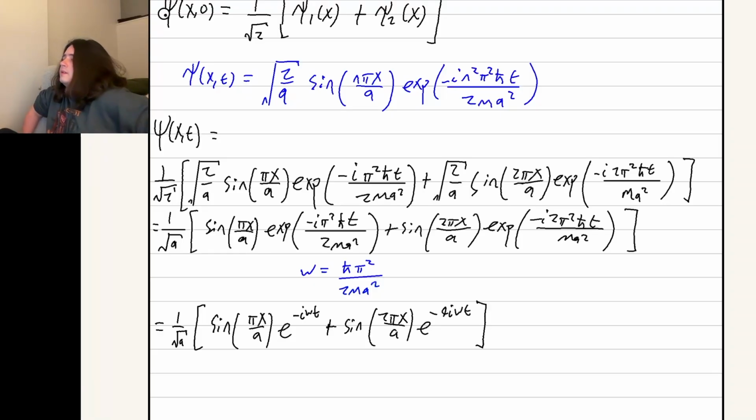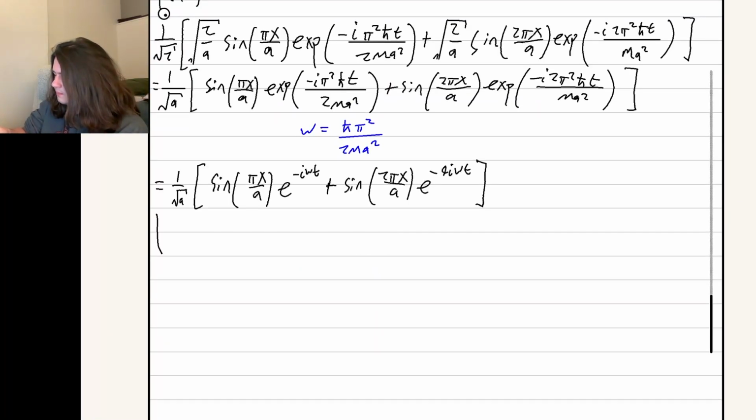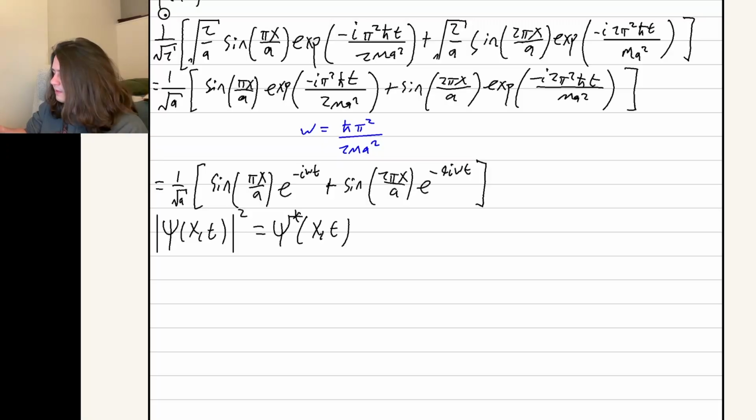And so the next part of the problem is to get the square modulus of this, which is pretty awesome. The square modulus is defined as multiplying the complex conjugate of it by the non-complex conjugate version of it. So we're going to end up with a factor of 1 over a out front.